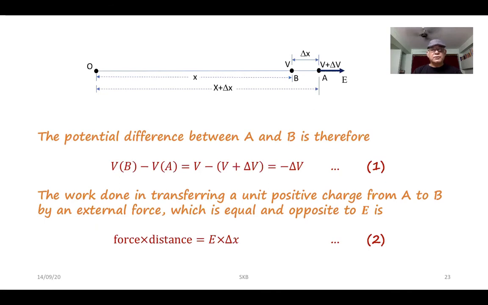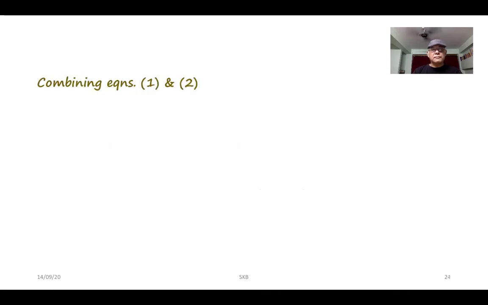This is equation 2. Combining equations 1 and 2, we have E into delta x equal to V at B minus V at A equal to minus delta V. This is equation 3.